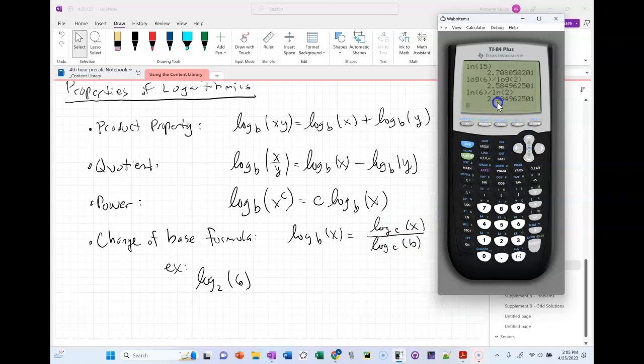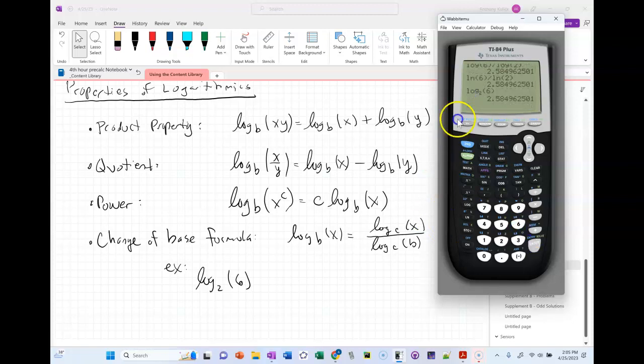But you guys don't really have to worry about this. The reason is your calculator can do logs of different bases. To do that on your calculator, you press the math button and then scroll down to Command A, which says log base, which allows you to type in a base of any number you want, as long as it's greater than 0 and not equal to 1.